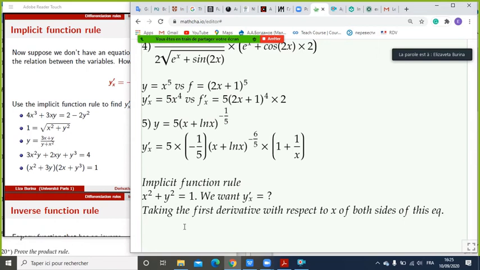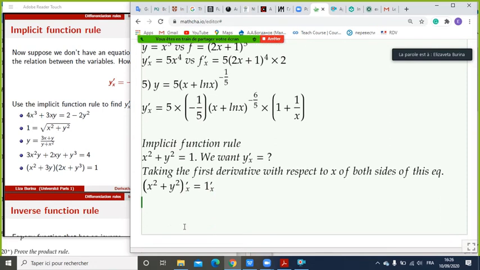Now I'm not going to use anything. So x squared plus y squared, prime x. I'm going to keep this notation for now because I don't want to confuse you with the difficulties of total derivative and partial derivative. We're going to take the derivatives of everything with respect to x, also the derivative of 1. With the left side we can work a little bit.